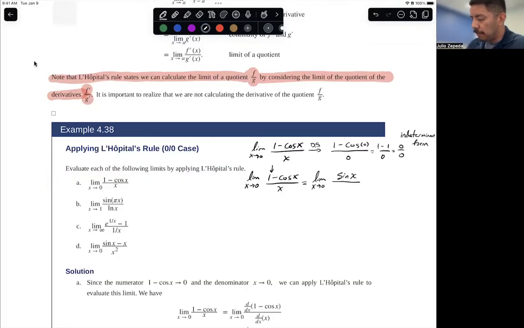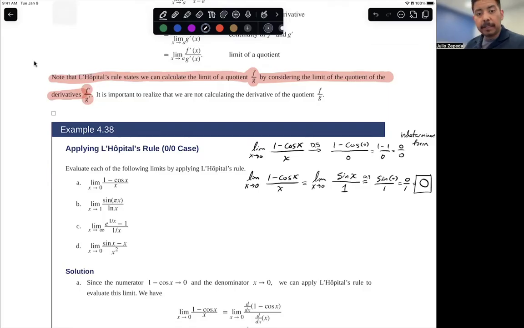The 1 has a derivative of 0. Cosine has a derivative of negative sine, but since there's a negative in front of it, those double negatives cancel each other out and we get sine x. And then the denominator, the derivative of x, is 1. And so now using direct substitution, this is a different limit equivalent to the original. We would get sine of 0 over 1, which is 0 over 1, which is 0.